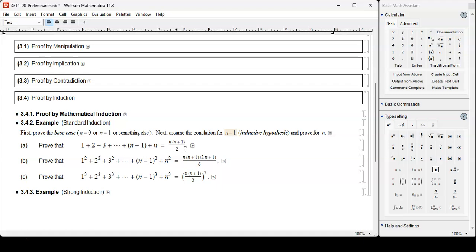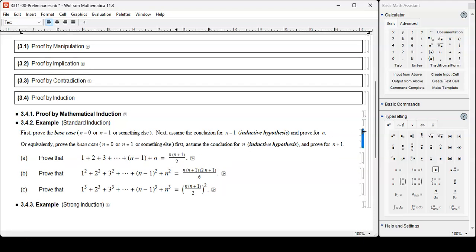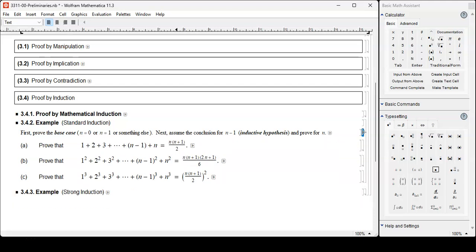But for 2, we just established it, so it works for 3. And then 4, and then 5, and then 6, and so on. It'll cover everything. Whether you do by n-1 to n, or n to n+1, either way. Which one do I prefer? I like to have n-1 to n. There's a bit of a reason for that.